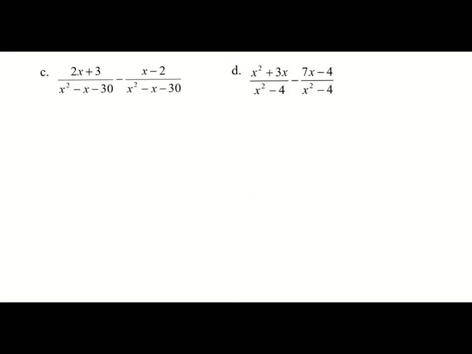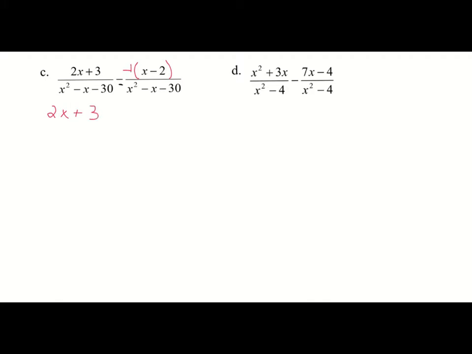So the two examples on this page are subtraction. And the one thing you want to remember is when we're subtracting, you're subtracting this whole expression here. So remember, put those parentheses around that expression, and you have to distribute that negative. So it's going to become 2x plus 3.